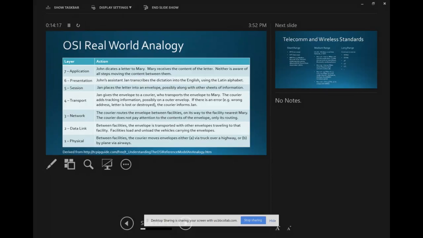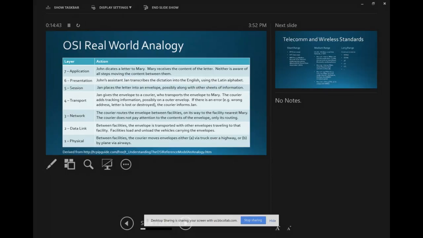If you ever sent a letter through the post office, I know that's kind of old hat these days, but if you ever notice when you receive a letter, there's often a little code on the bottom of the letter that's printed on. That was added by the post office. That would be akin to the transport layer, where it's trying to add the information needed to get that letter from you to somebody else.